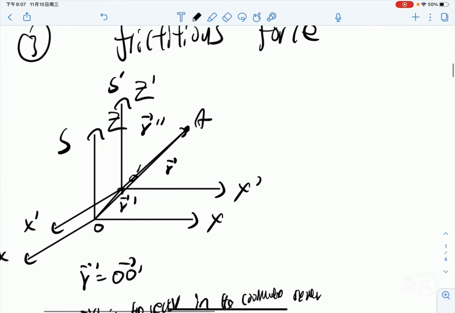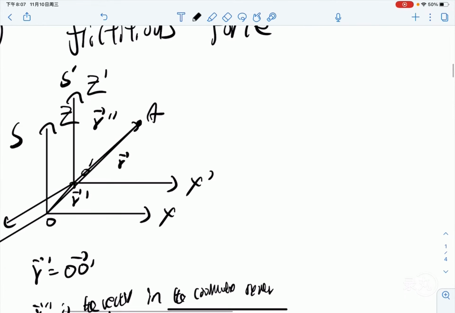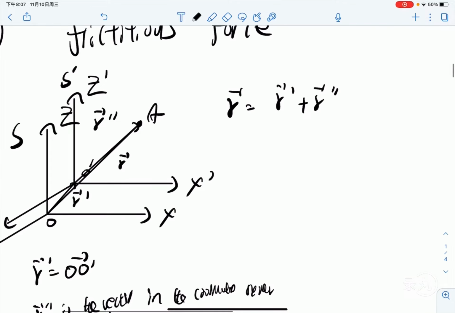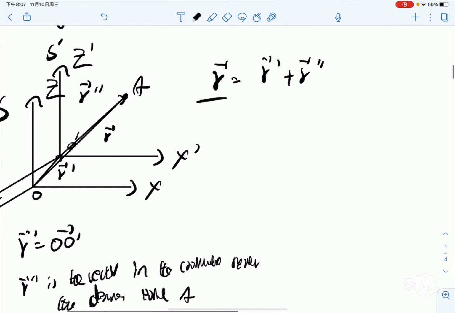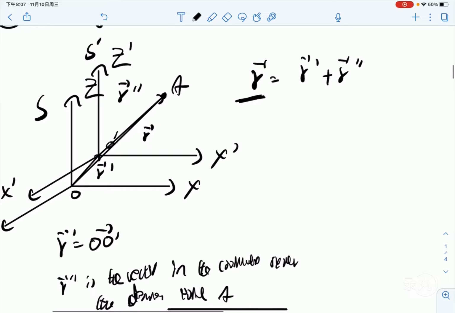So basically, you can see that from vector addition, the R describing the frame of S is equal to the relative displacement of S and S prime, plus the displacement of A describing the new frame of reference.